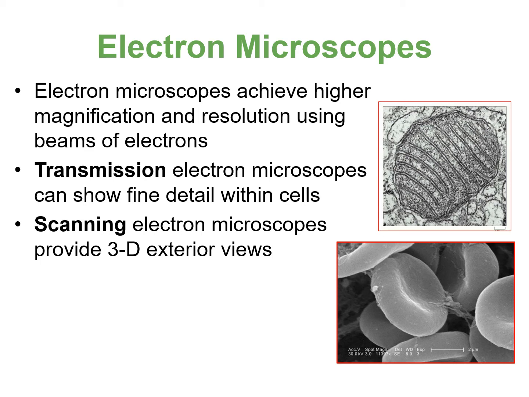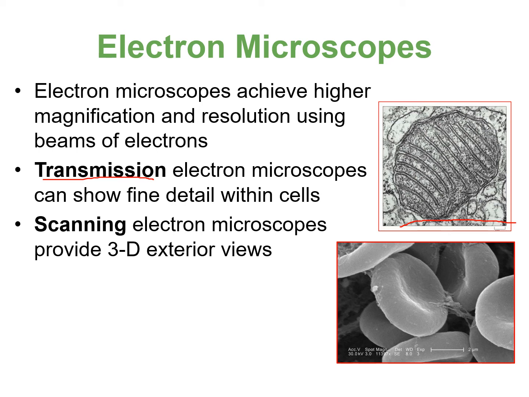You have what's referred to as transmission. You bounce a laser through the cell. Whatever shadows comes up black. So you see here a mitochondria. You see the membranes, the cristae inside the mitochondria. You see around it vacuoles, vesicles.